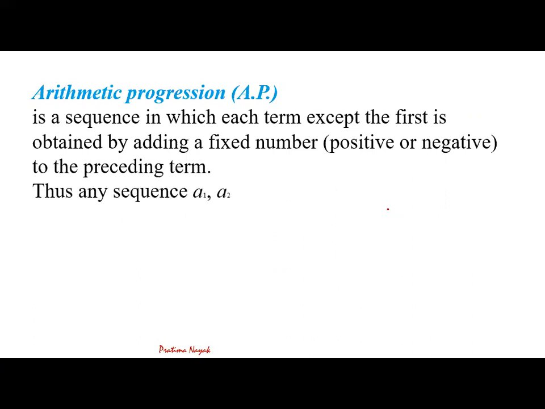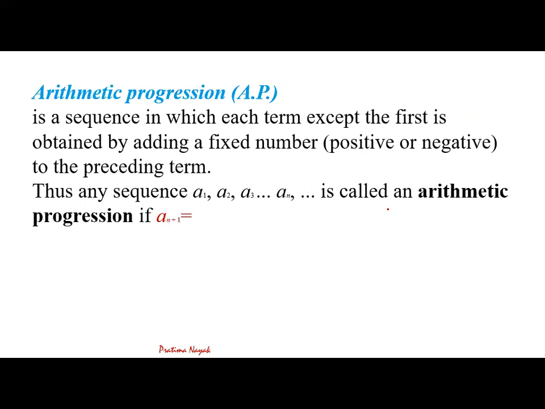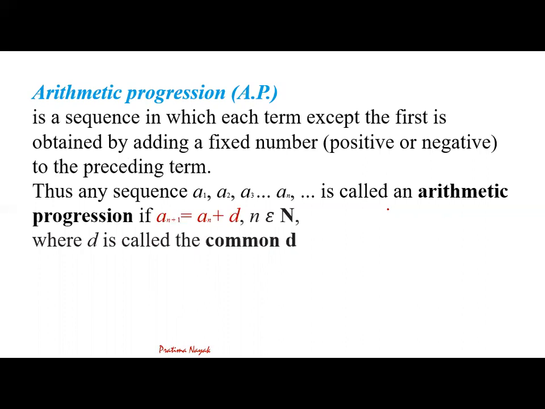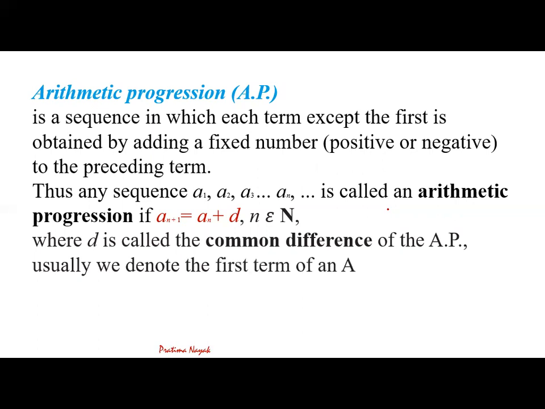Thus, any sequence a1, a2, a3, ..., an is called an arithmetic progression if the (n+1)th term is equal to the nth term plus d, where n belongs to natural numbers, and d is called the common difference of the arithmetic progression. Usually, we denote the first term of an AP by small a and the last term by small l.